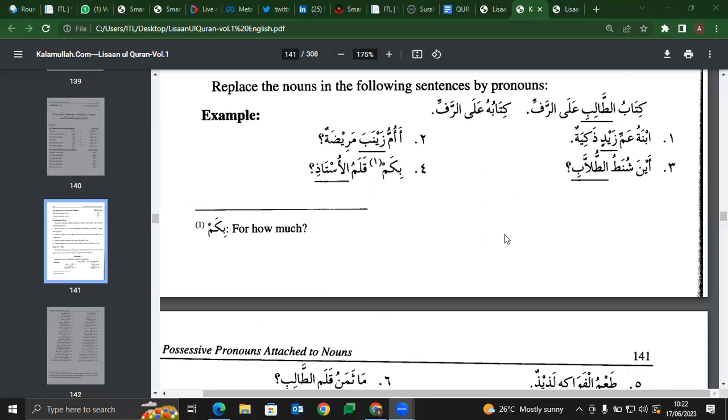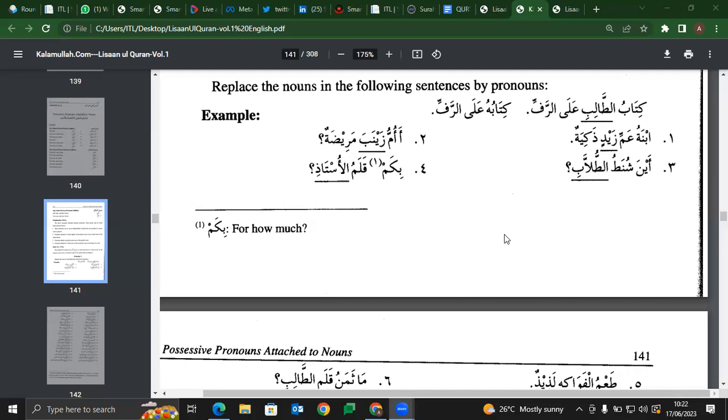So for example, if I were to say Khadija, now we know Khadijata doesn't take the dhammatain, right? So even if it was to be marfu, I would still say Khadijata. Aisha is also exactly like Aishata.